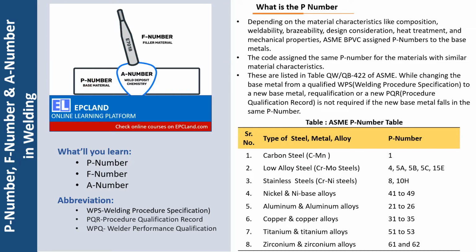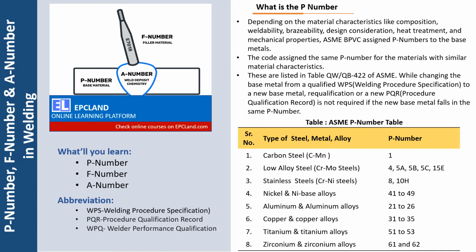The code assigned the same P number for materials with similar material characteristics. So what are these characteristics we just talked about? The composition, weldability, brazeability, design consideration, heat treatment, mechanical properties. If these characteristics are the same, the code has assigned the same P number to those base materials. So there is a table, QW-422 of ASME.